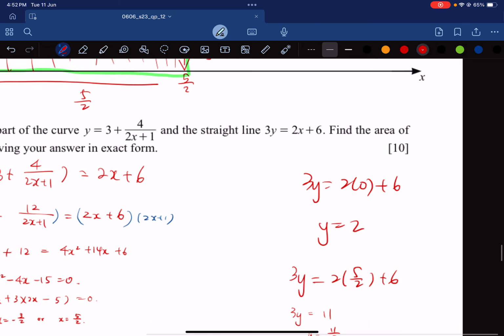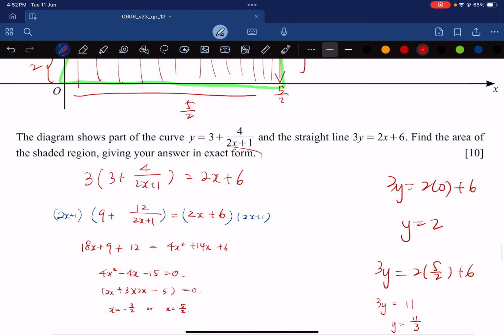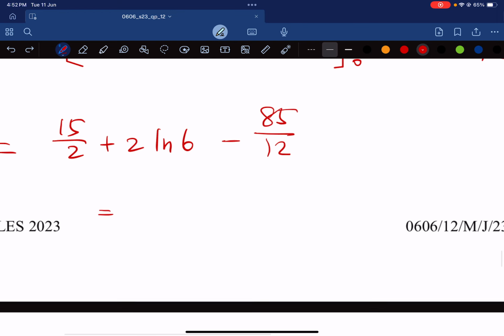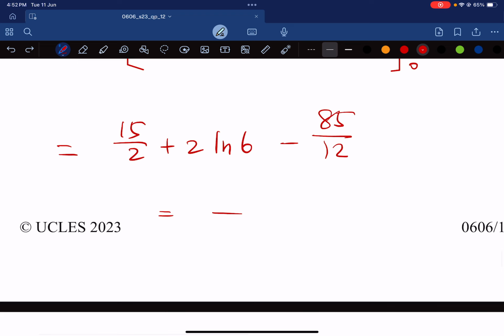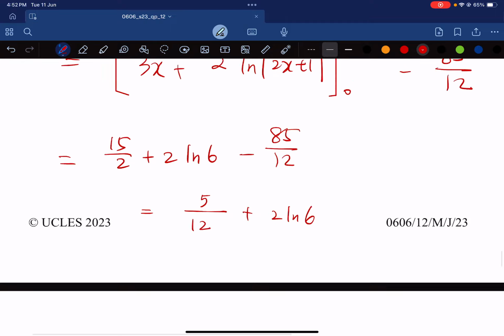Are we required to give it in exact form? That's all, right? In exact form. So we have 12, this is times 6. 6 times 15, 90. So 5 plus 2 ln 6. Okay, I guess this would be the answer.